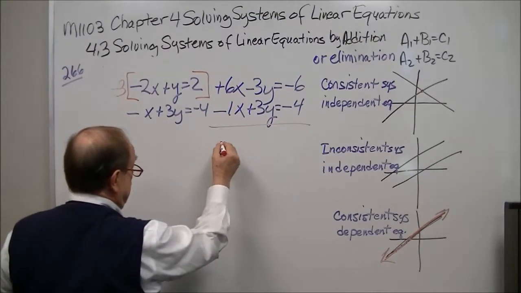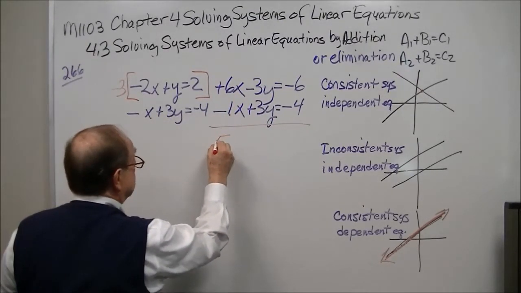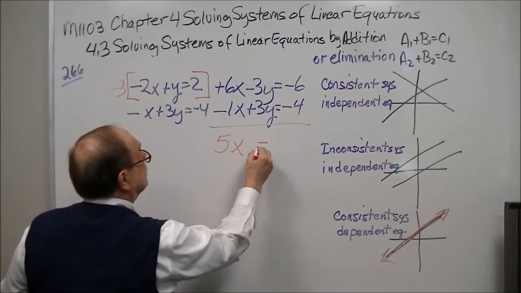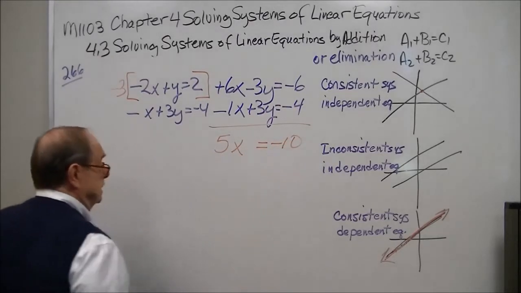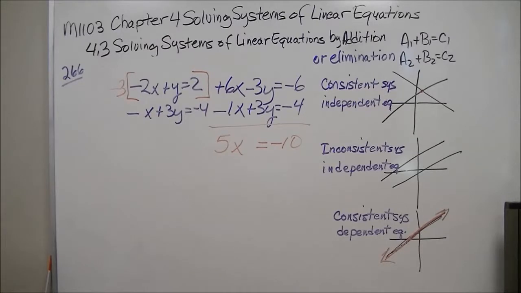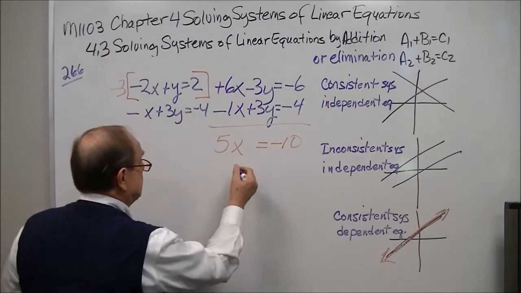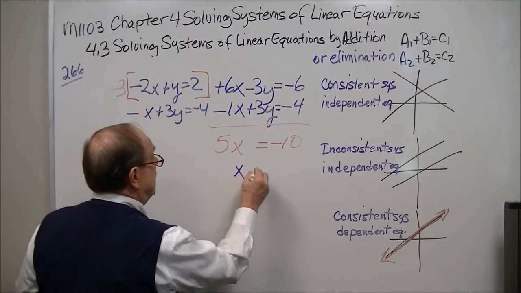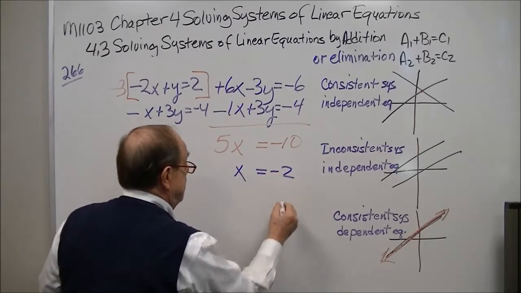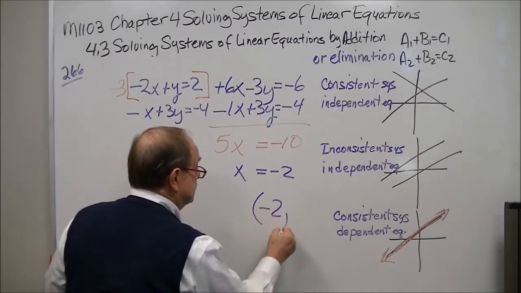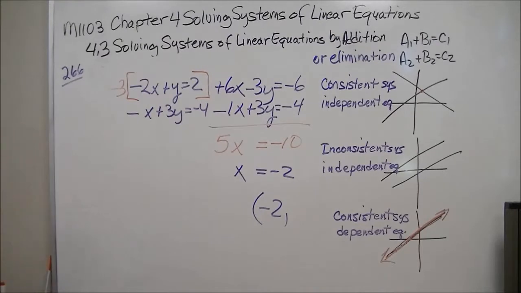And I'm going to end up with a 5x equals a negative 10. Now sometimes doing this you end up with a fraction, and you just have to work with it, but so far this is pretty straightforward. So we divide both sides by 5, x equals -2. So we have our first member.